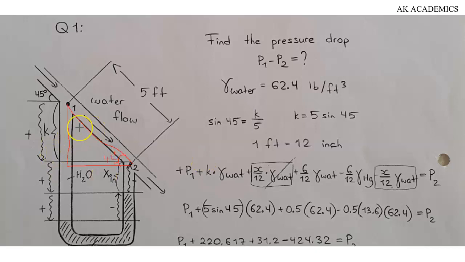And you do know that this height is going to be K as given right here. And then this length, the hypotenuse, is 5 feet as already given here. So from there, you can say that sine 45 is equal to opposite over hypotenuse. That is going to be opposite K over 5. And from there, you can find our K to be equal to 5 sine 45. So this can give you a specific value. So we get the value of our K from here.